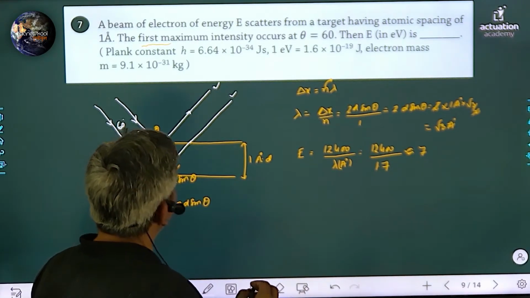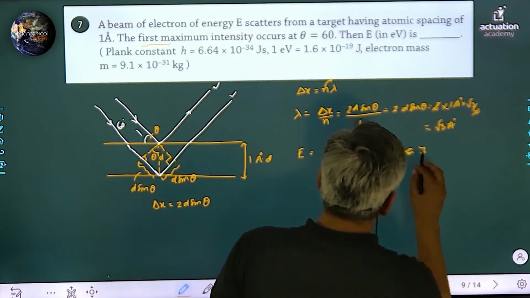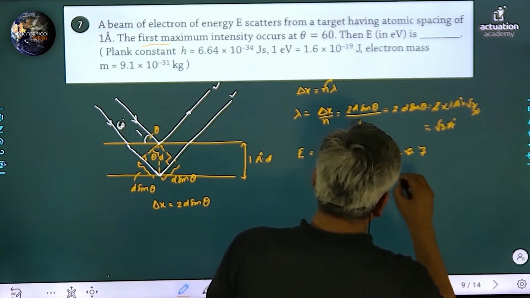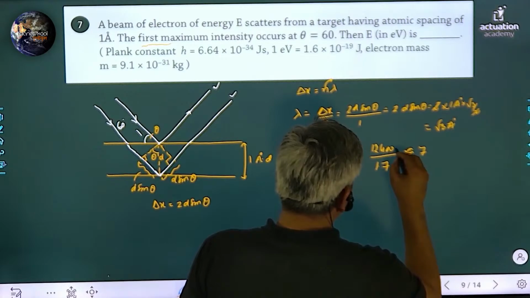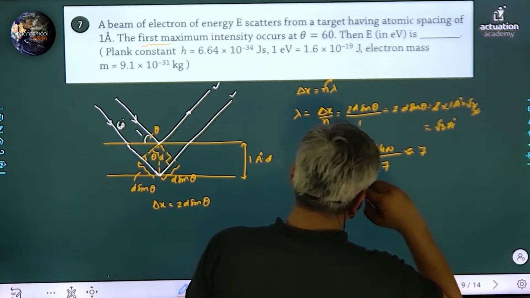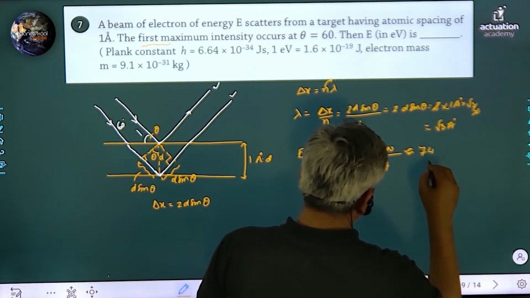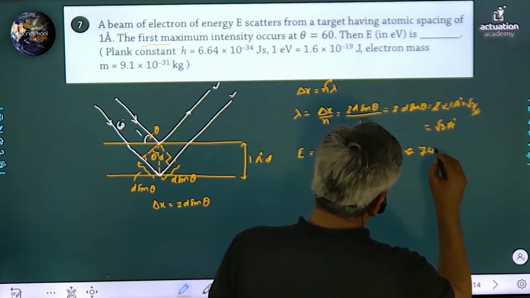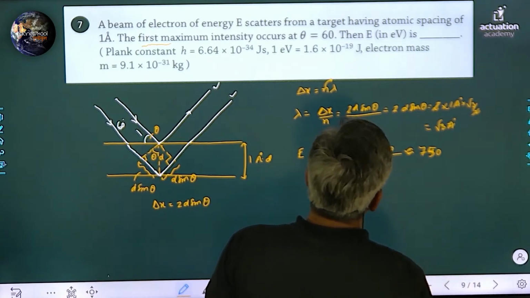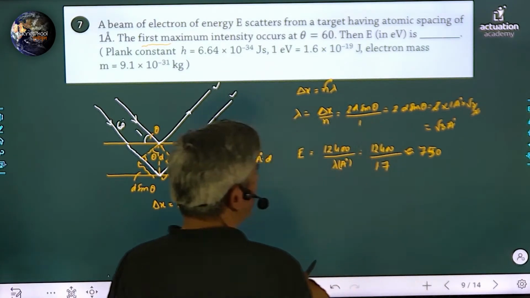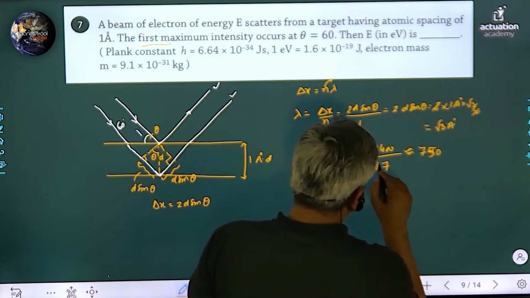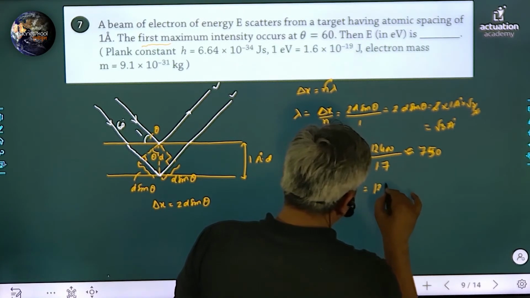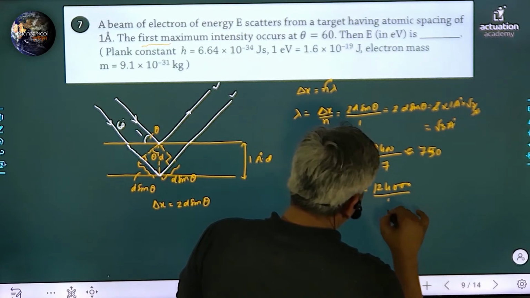So 2d sine theta is 1.7. If I take root 3, then that will become 1000. So 17, 17, approximately 750. Approximately 750, am I right? If I remove this one, then this will become 12,000 divided by 17.